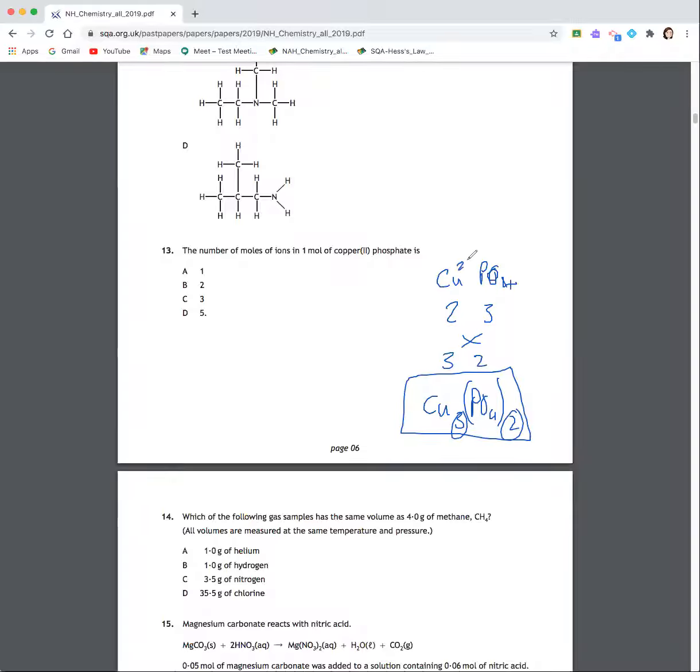Okay, the copper's got a 2 plus charge because its valency is 2, and the phosphate is 3 minus. So you'll have 3 moles of the 2 plus copper and 2 moles of the 3 negative phosphate, which if you add 2 and 3 together, you get 5. So there's 5 moles of ions altogether in that 1 mole of copper(II) phosphate, which is always a bit mind-blowing.